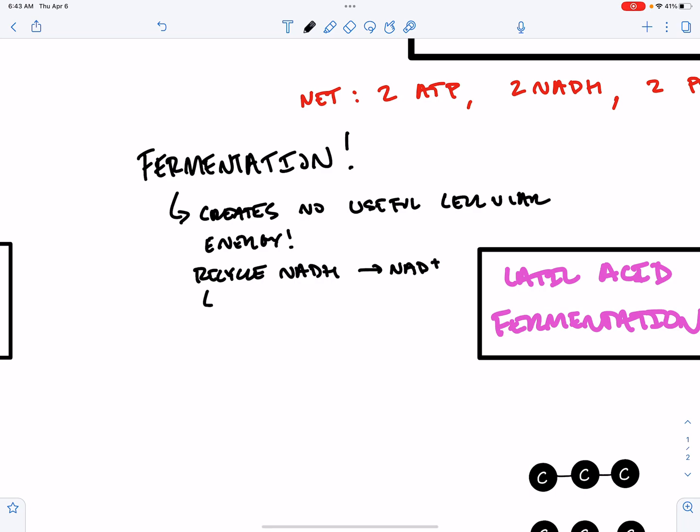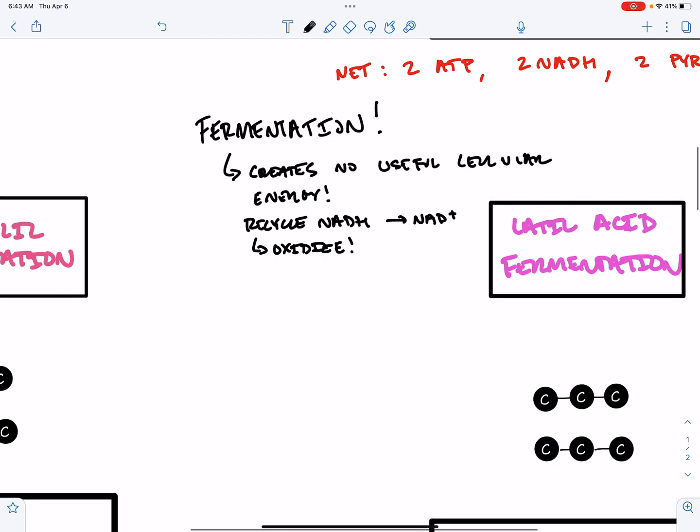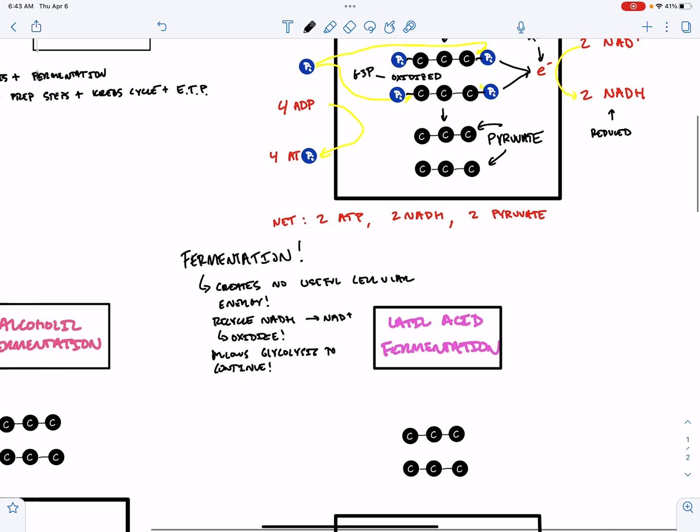And by recycle, I actually mean we oxidize it. And this allows glycolysis to continue. And let me explain what I mean by that.